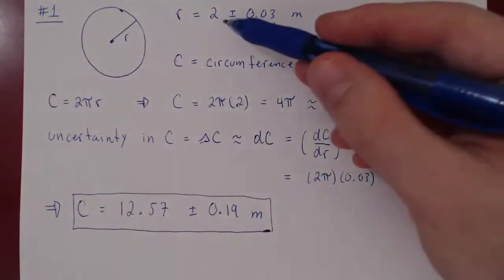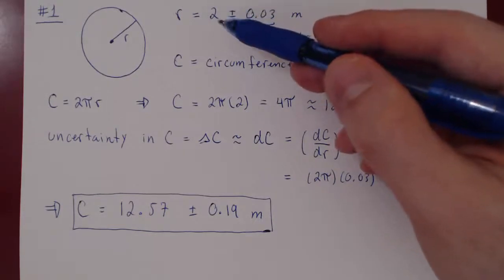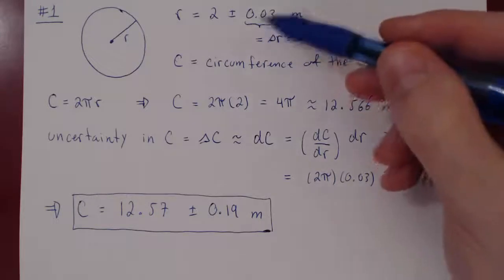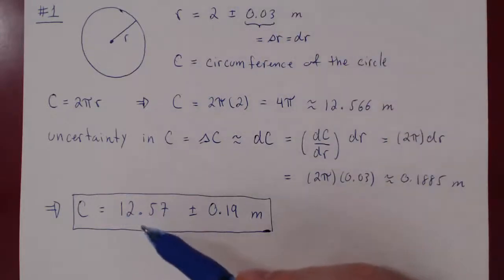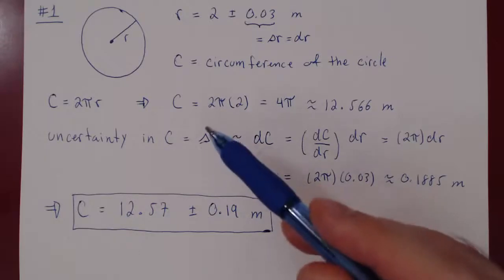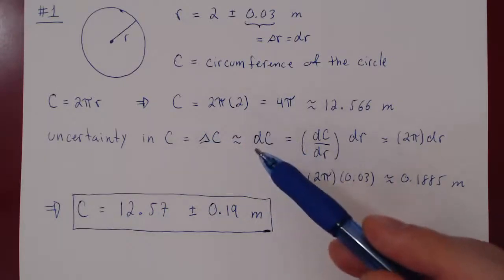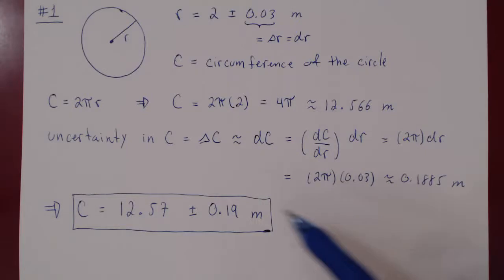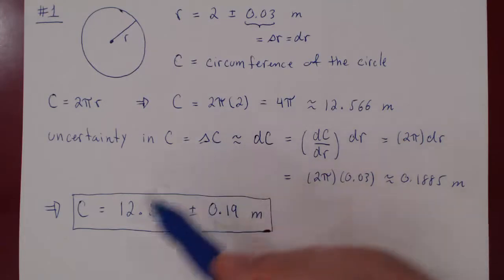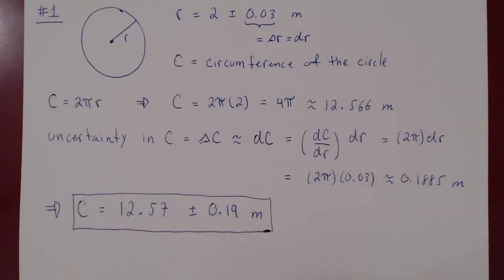If you found the radius of the circle to be 2 meters with an uncertainty of 0.03 meters, you will then obtain a circumference of 12.57 meters with an uncertainty, which is estimated by the differential, of about 0.19 meters. And this is how you can use differentials to estimate the uncertainty in the calculation of a variable.